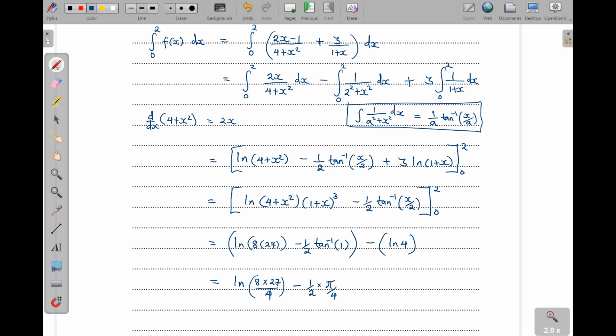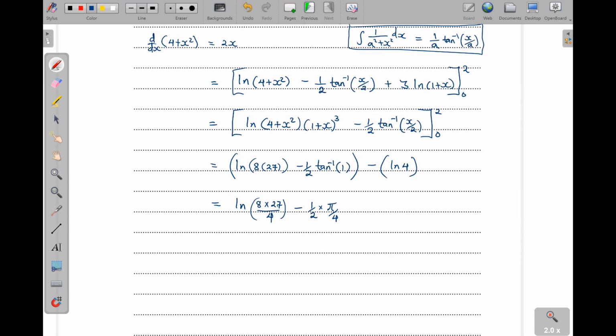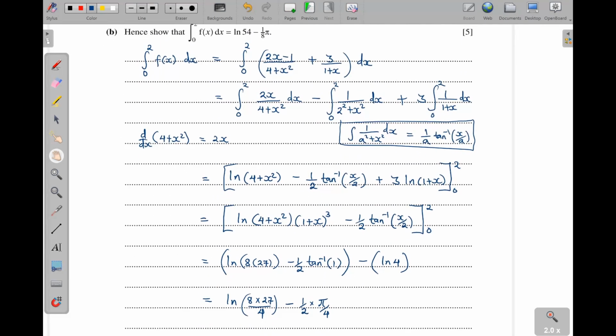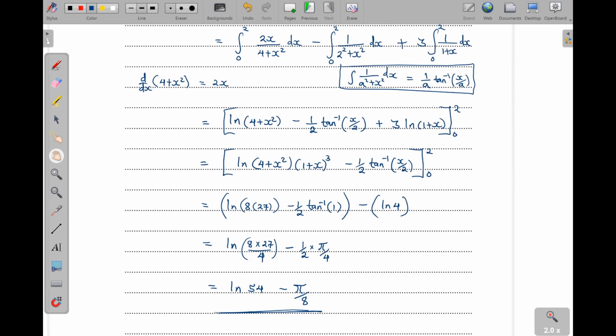Of course, here, when you simplify, 4 will go into 8 2 times. Now 2 times the 27, that one will give you 54. So meaning we shall have natural log of 54, then minus pi over 8. So this is going to be our answer. And if you check up here, it's the exact answer which we are having there. Natural log of 54 minus pi over 8.